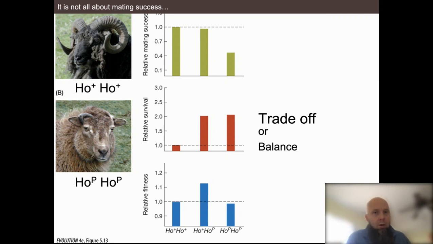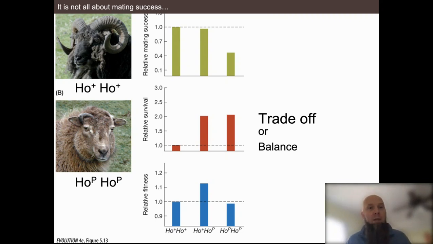Within this population, there's a trade-off between survival and reproductive success, right? The guy on the bottom has twice the survival and the guy on the top has twice the reproductive success. So it really balances out to where both of these alleles persist in the population.